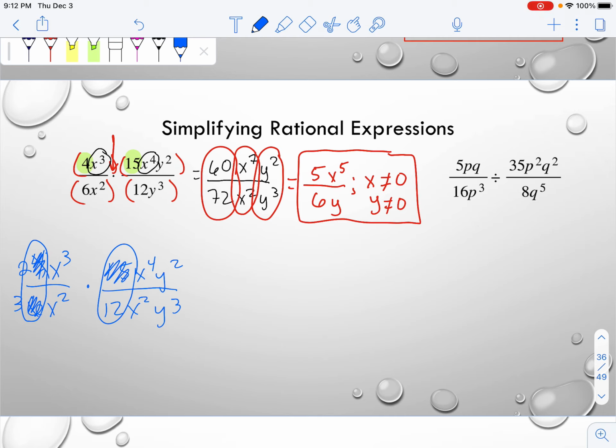So if we pull a 3 out of each of them, that turns into 5/4. And then we could reduce the 2/4 to 1/2.